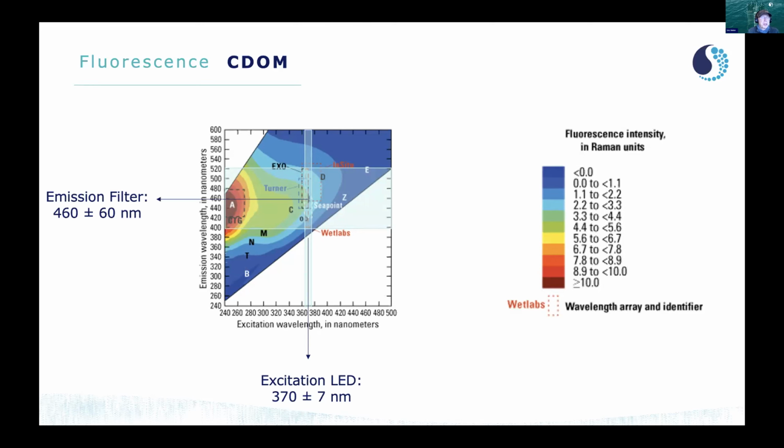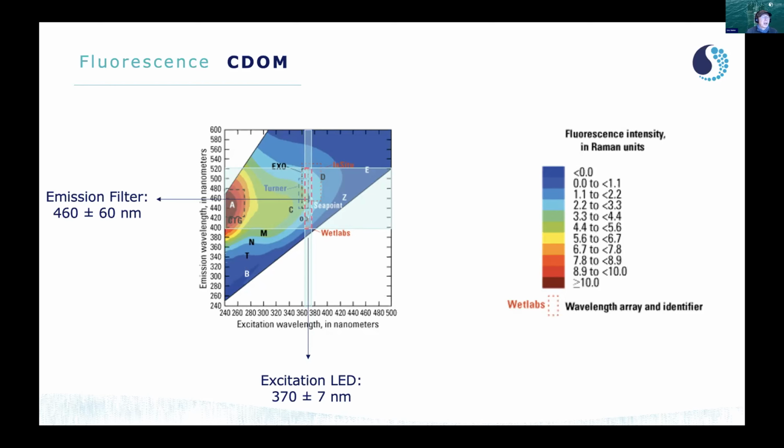The width of those two light blue areas has to do with the bandwidth of the excitation LED, and the horizontal bar, its height corresponds to the width of the emission filter, which you can see is a lot wider. Where those intersect, the red box that I just drew, is essentially the fluorescence that we are sensing.